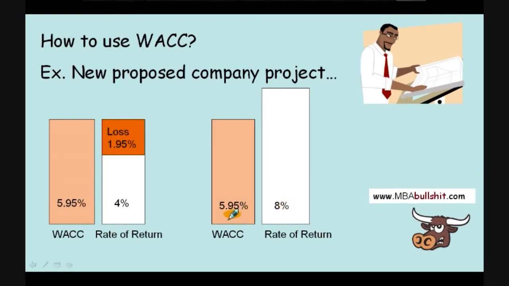Because if your weighted average cost of capital is only 5.95%, but you're earning a rate of return of 8%, then that means you make a profit of 2.5%. You see? That's as simple as that. And that is how you use the WACC.